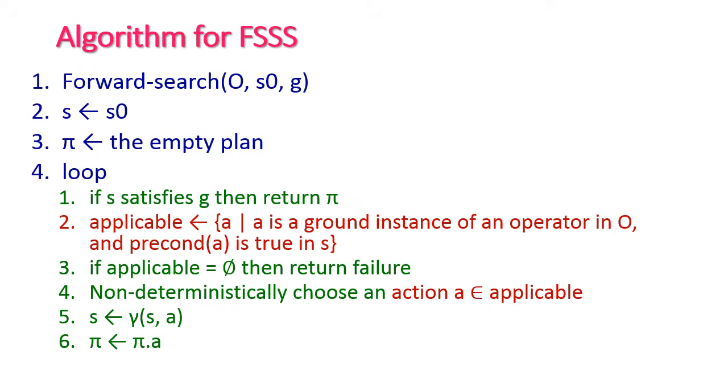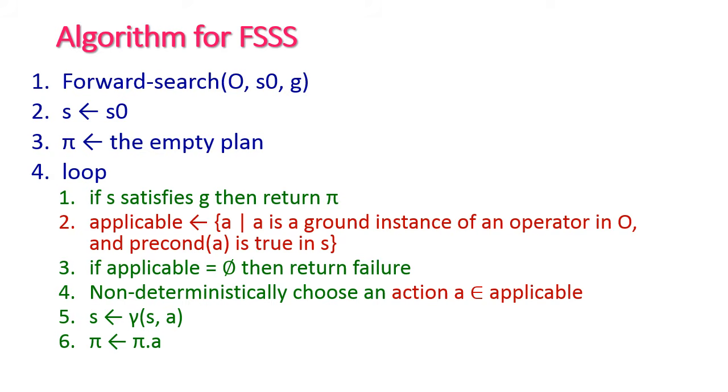So in the algorithm, first the input statement, forward search of O, S0, G. O contains the list of operators, S0 is the initial state and G is the goal state. First the current state s becomes the initial state, and pi means a list of actions. Initially it is empty, and the loop will start now. If s satisfies G, that is the current state satisfies the goal state, then we can return pi.